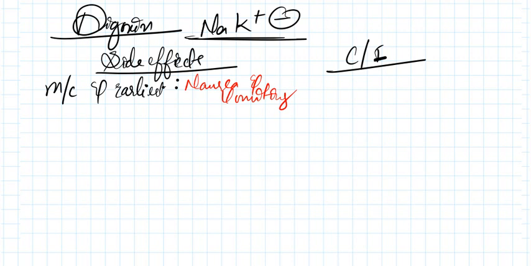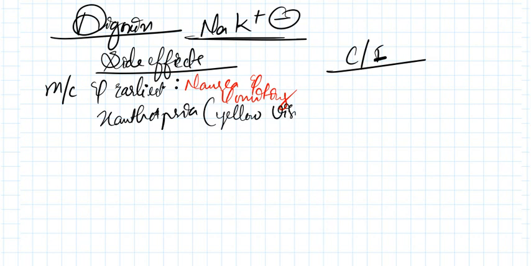Now the rest of the rare things, if you ask me, it is xanthopsia. Xanthopsia means yellow vision. Remember, it will be an MCQ. A patient of age 56 years was treated with digoxin and after a period of time is complaining of yellow vision.